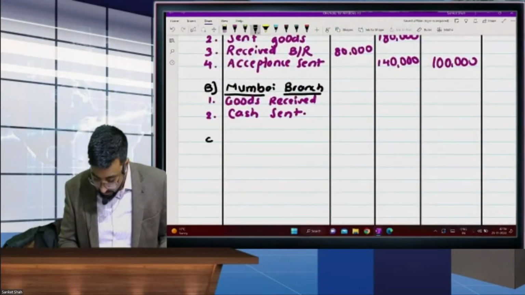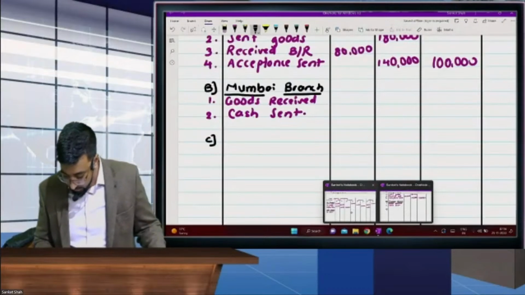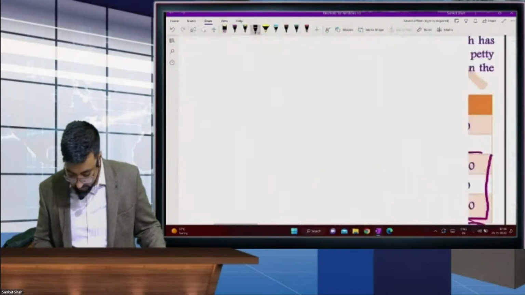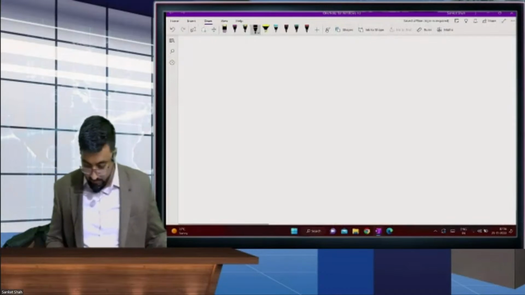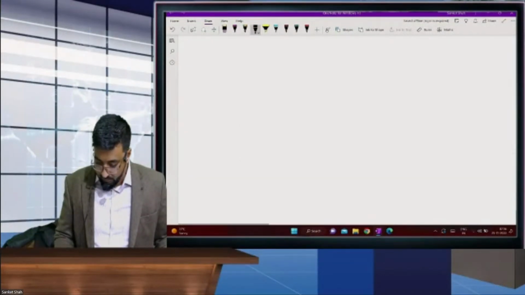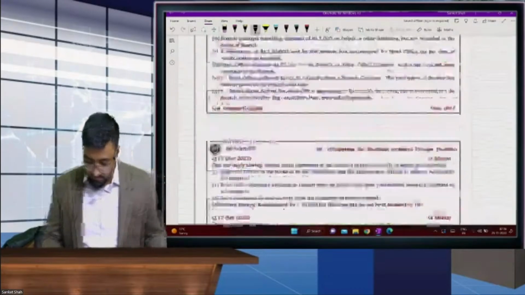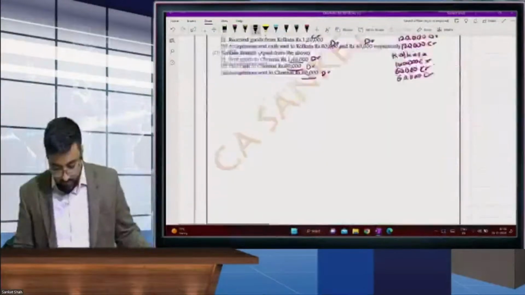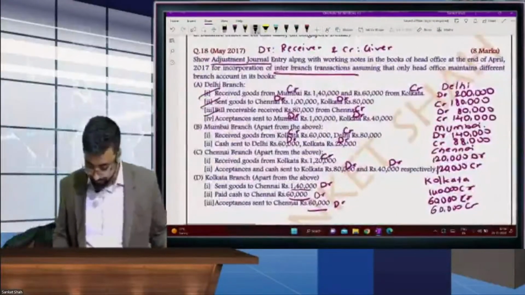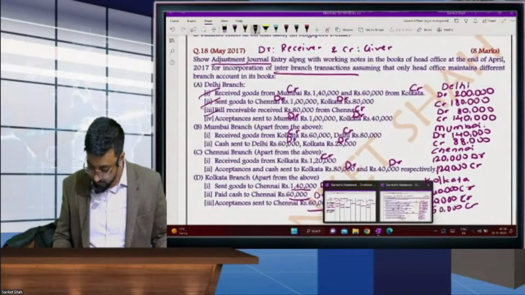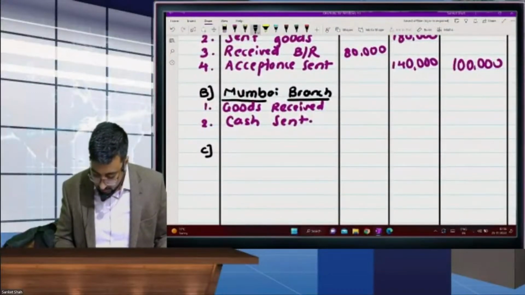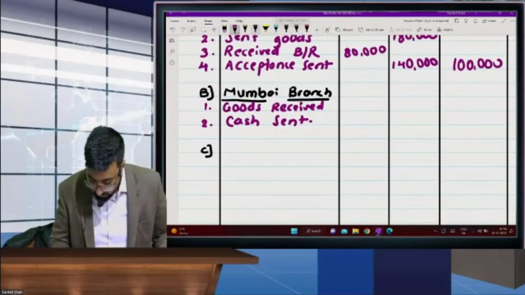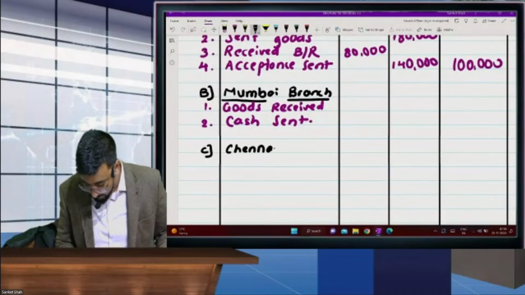Now, first I will write C. Amounts I will write afterwards. C. Received goods. Chennai branch.